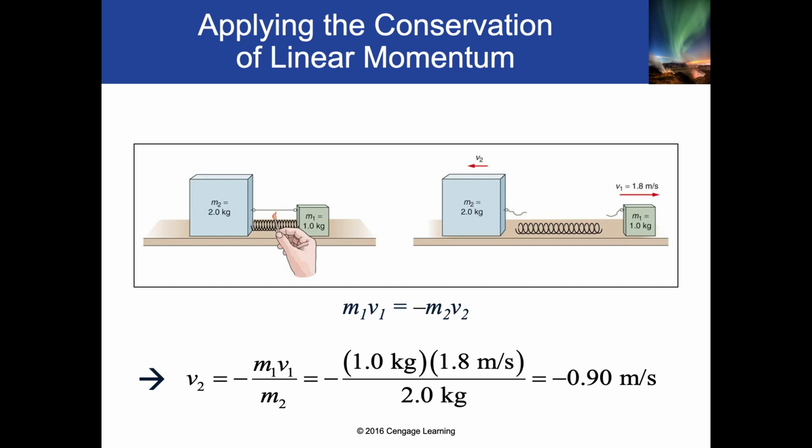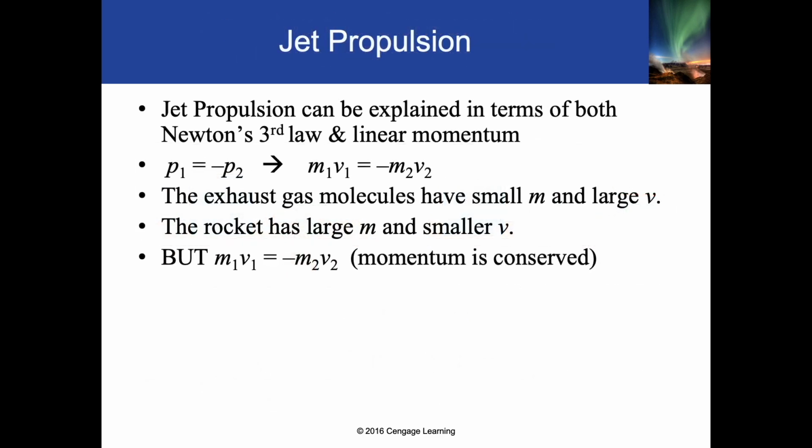All right. So, talk about jet propulsion again here. I don't know why we're going back to this, but that's okay. Jet propulsion can be explained in terms of both Newton's third law and linear momentum. We have that one I was talking about before, where the first momentum equals the negative of the second momentum.